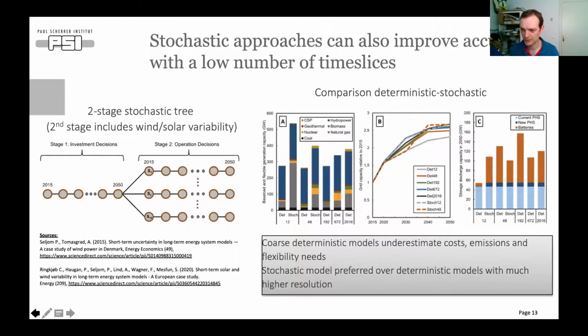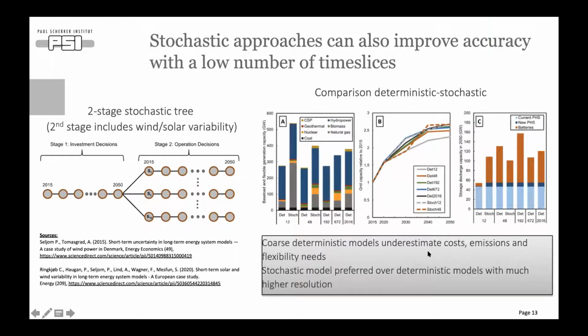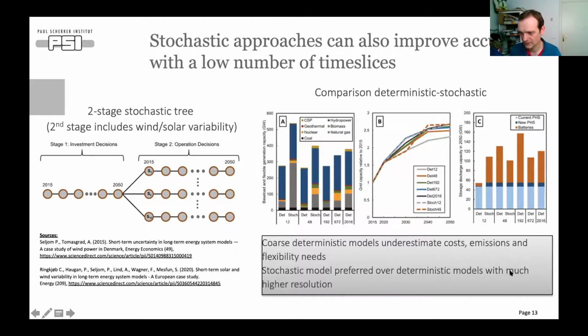Well, I'll tell you what, we'll come back to that question. Sorry. There's a comment in the chat. So Etsushi says, for periods where you have a long period with low wind and solar output, how did you cope with that in the model?